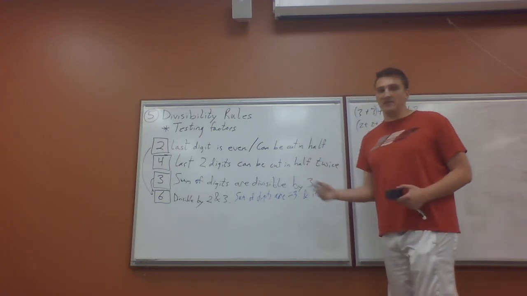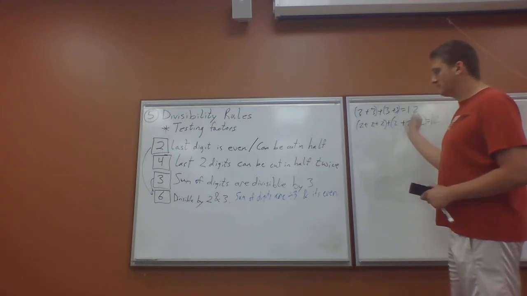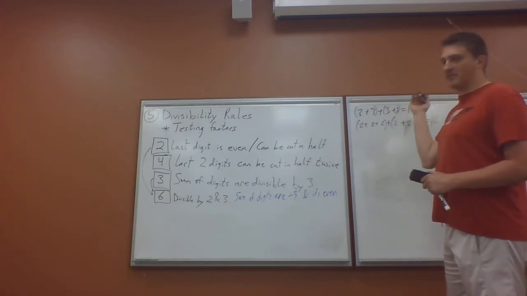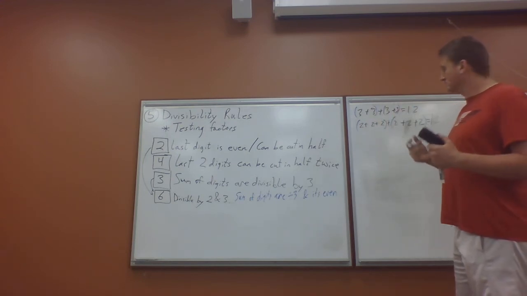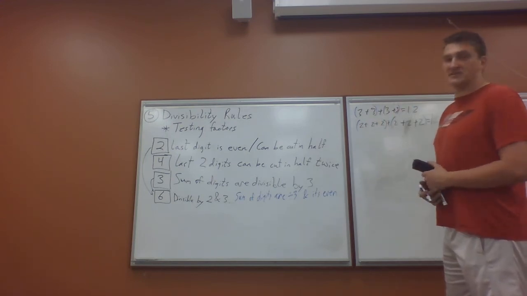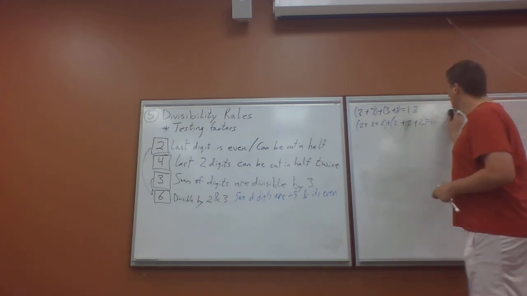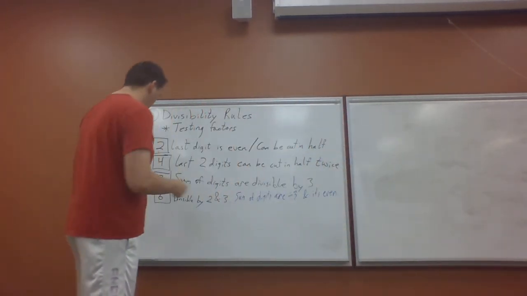So it has to be even and divisible by 3. So maybe we'll pause and look at those other numbers that we did. The one that was divisible by 3 and was even, if you check that last digit was even, then that number was divisible by 6 as well. All right. Let's check our divisibility by 5.